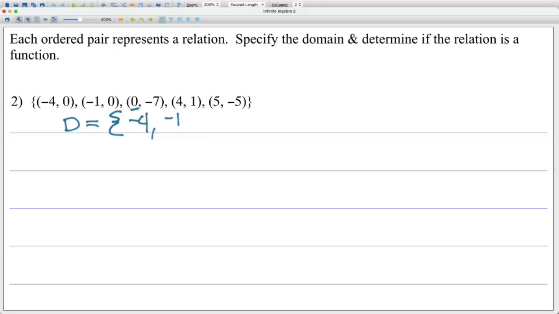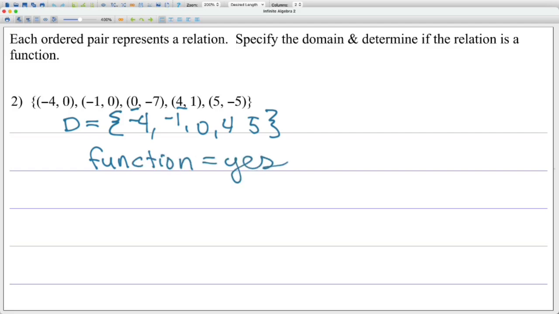My next one is 0. My next one is 4 and 5. Did I have any repeats for the domain? No. So what does that tell you about this relation? It is a function, because there were no repeats in the domain.